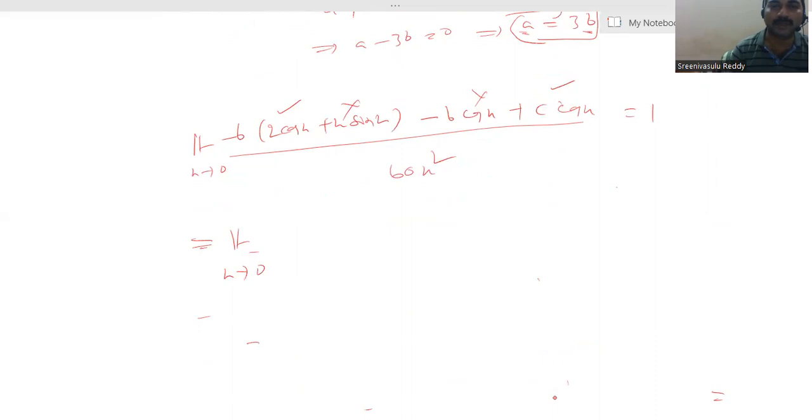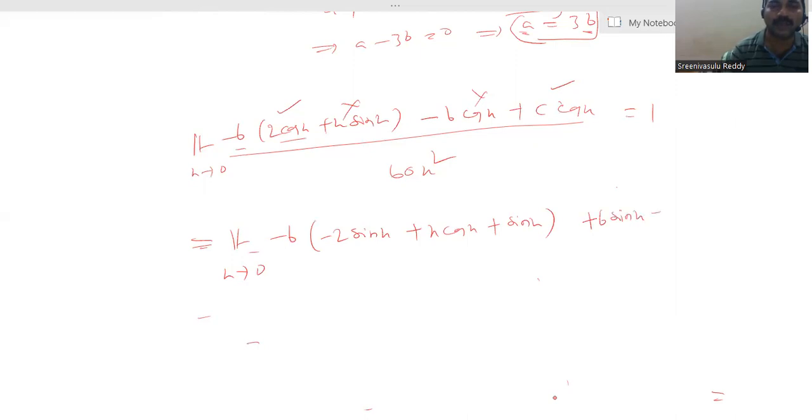Just take one more derivative. Here minus b times of derivative of cos x means minus sin x, plus uv rule: first function into derivative of second function plus derivative of first function into second function. Derivative of cos x means minus sin x, it becomes plus b sin x.